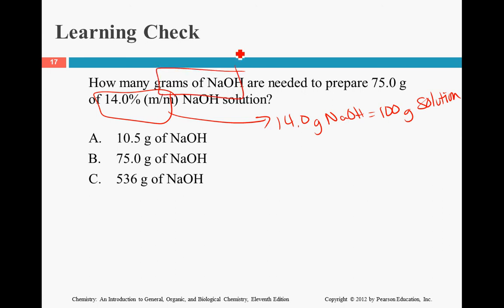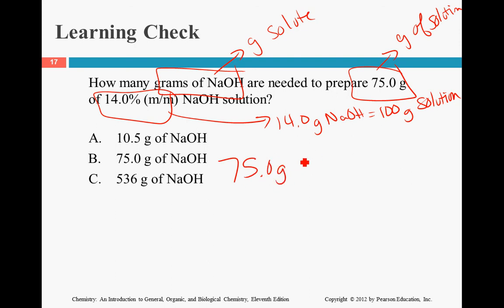We're looking for the grams of NaOH, so we're looking for grams of solute. They're giving us the grams of solution. So we're starting off with 75.0 grams of solution. That's how much we actually want to make.